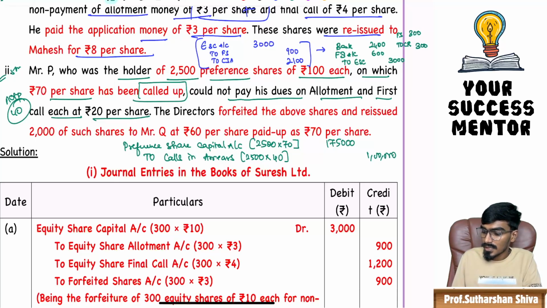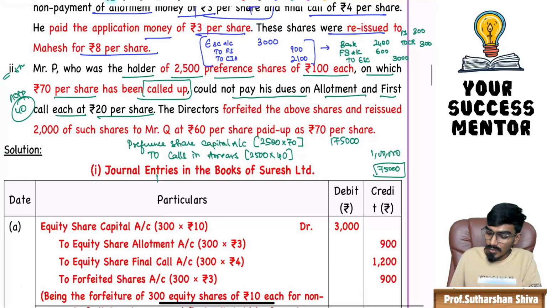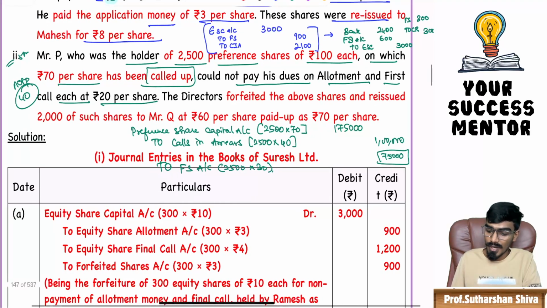How much is an excess I am having? 75,000. This 75,000 is nothing but what? Forfeited shares which has been paid on the application. Correct? Everybody understood. 30 rupees, which is going to be 75,000. Everybody understood this first entry for the case 2.